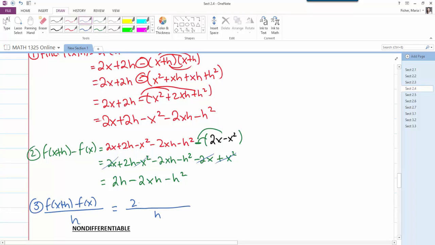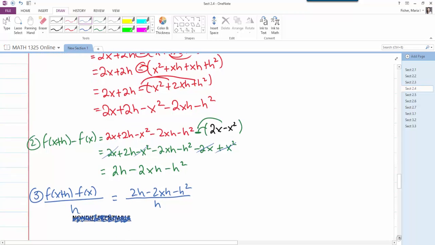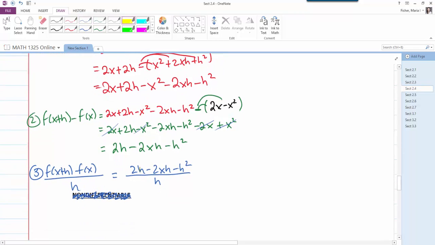So my 2h minus 2xh minus h squared. And again, notice that everything's got an h in it, so my h's will cancel. So from here, I'll be left with a 2, a 2x, an h, and a 1. So this is going to equal 2 minus 2x minus h.